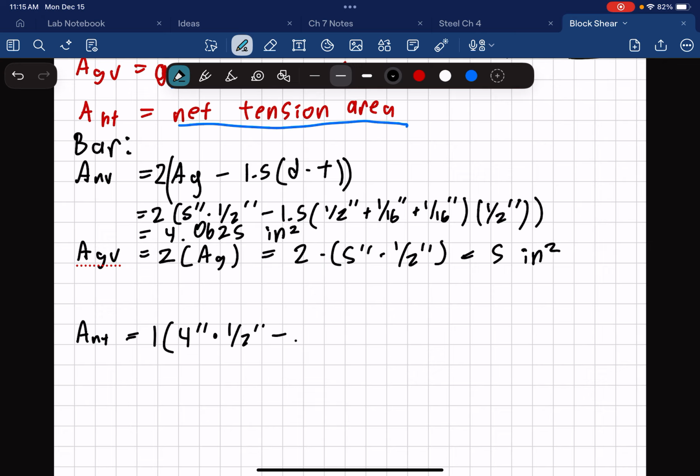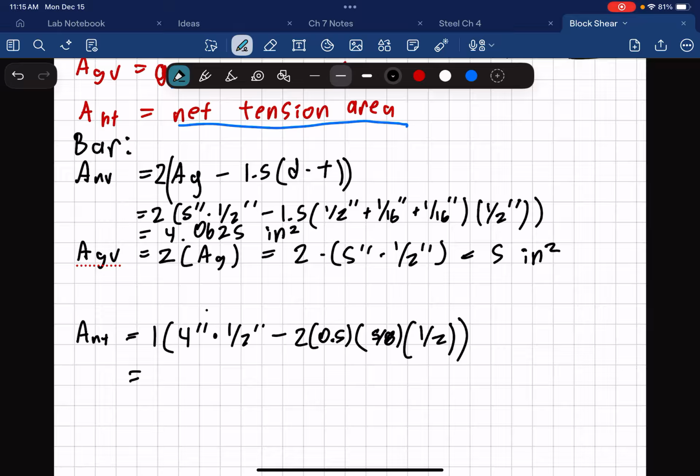Now we have to subtract 2 half bolt holes, and then we're going to do 1/2 inch plus 16th plus 16th. We don't have to write that out again. That's 5/8 of an inch times 1/2, the thickness of your plate. And with this, we should be able to get our net tension area.